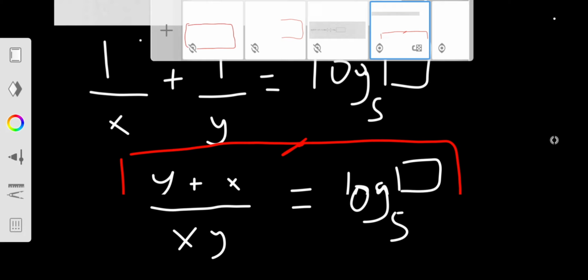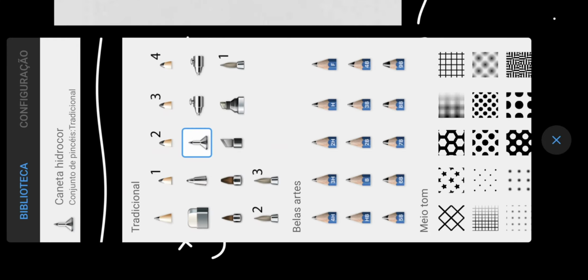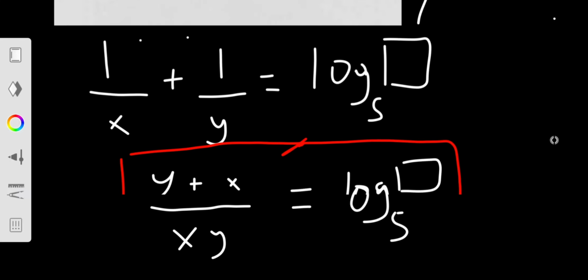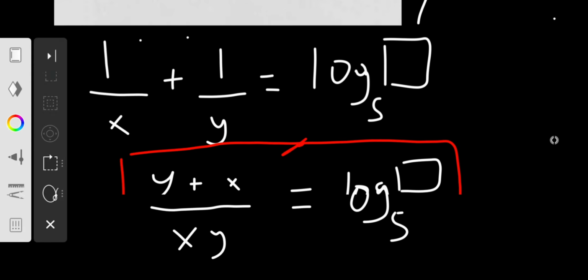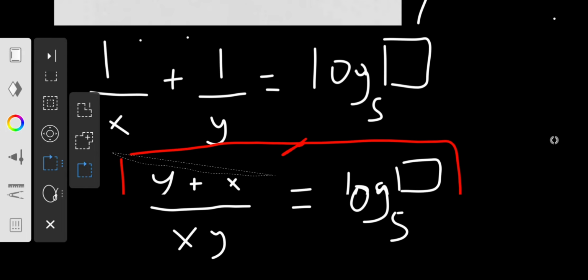So I'm going to use these things over here.